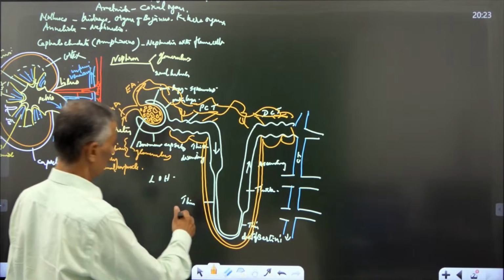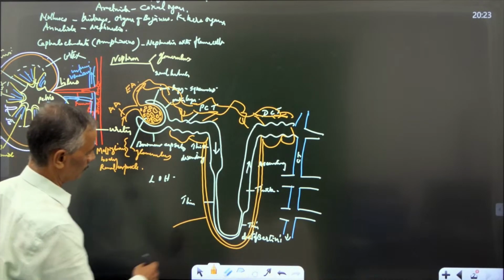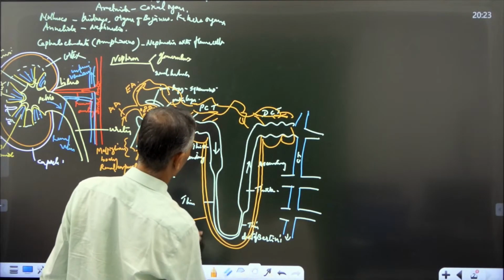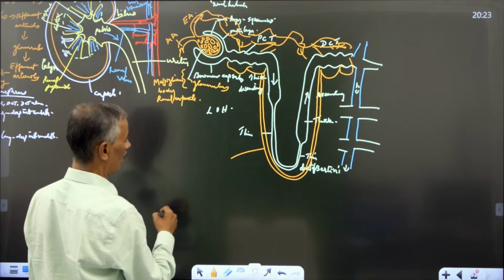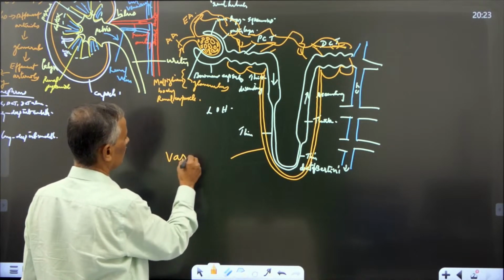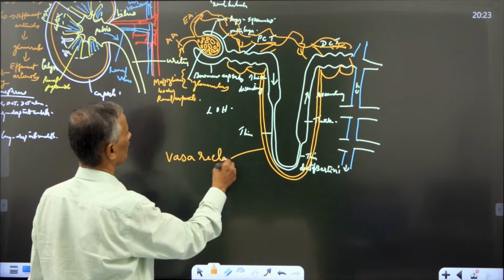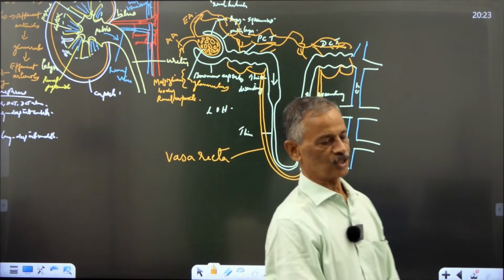This special capillary is called vasa recta. What's that? Vasa recta.